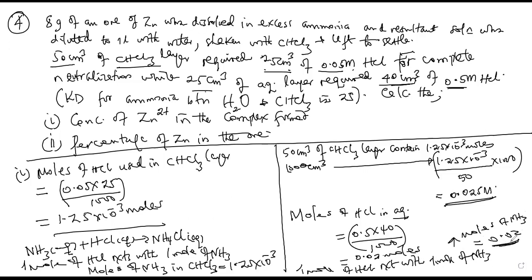That is in aqueous, but they're saying that 25 cubic centimeters of aqueous contain these moles. Then we need moles in 1,000 cubic centimeters. So 25 cubic centimeters of aqueous layer contain 0.02 moles of ammonia.